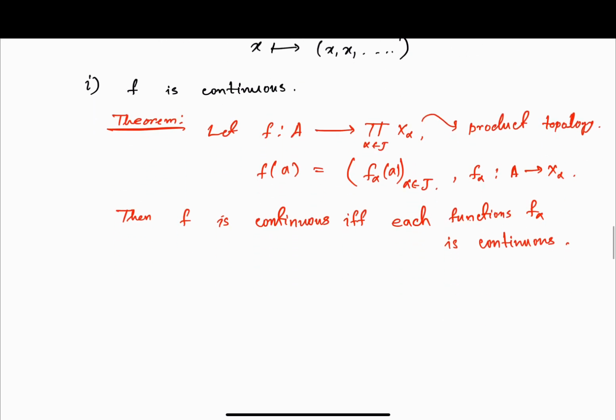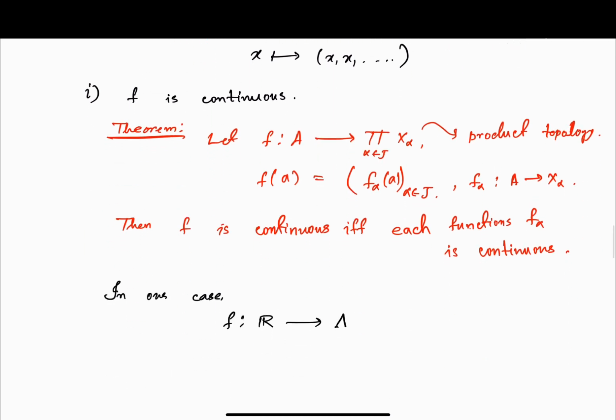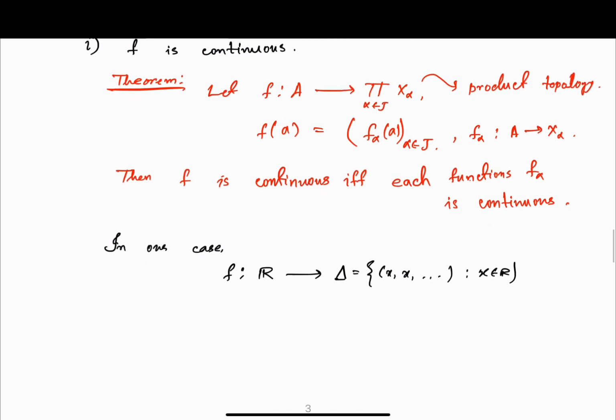So what is f in our case? f is a map from R to delta, f of x equals (x, x, ...), right?